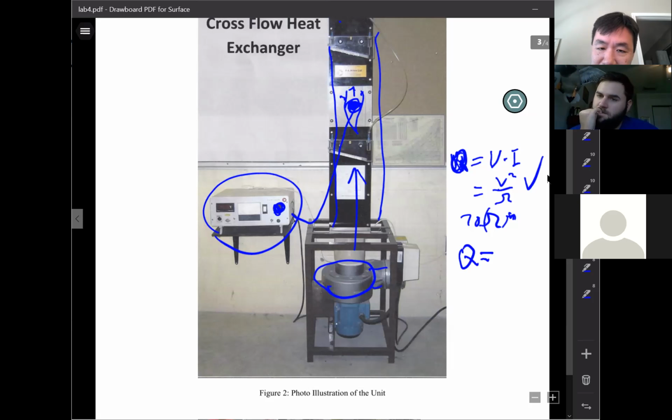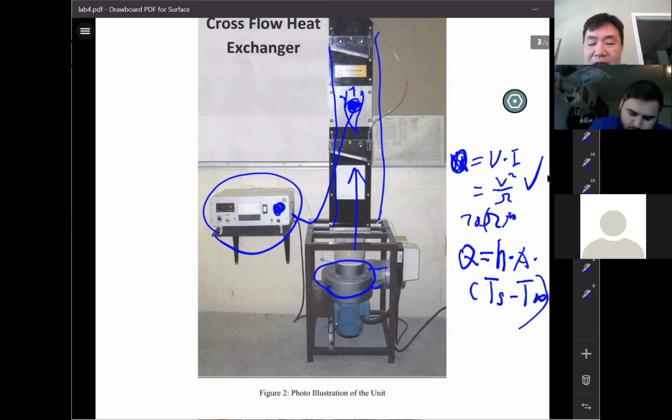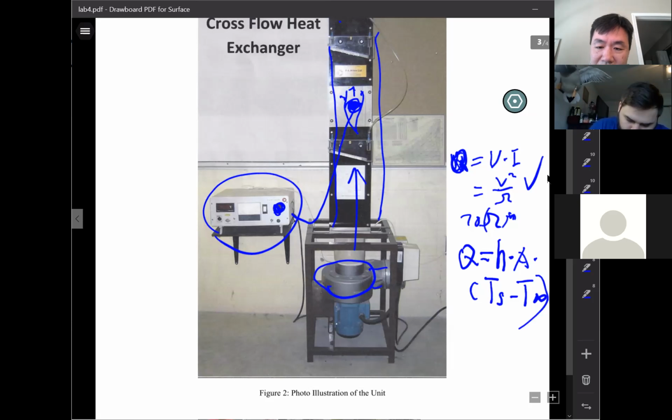It equals the convection heat transfer coefficient h times the surface area times (T surface minus T infinity). Is that right? This is the convection heat transfer equation, what we learned in the heat transfer class. So in this lab, you are going to find the h.